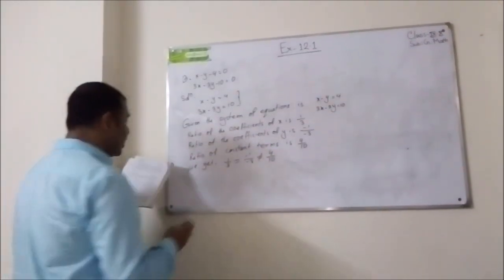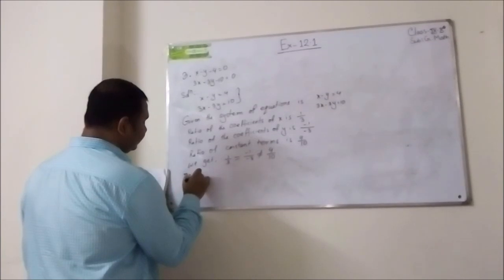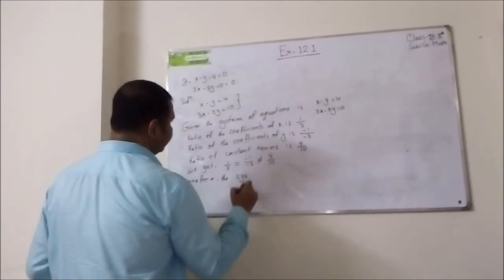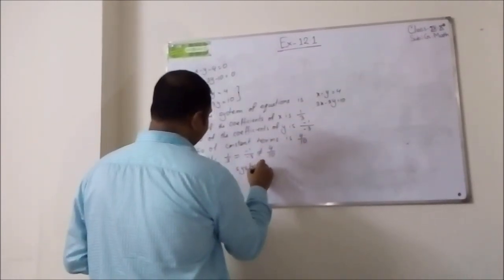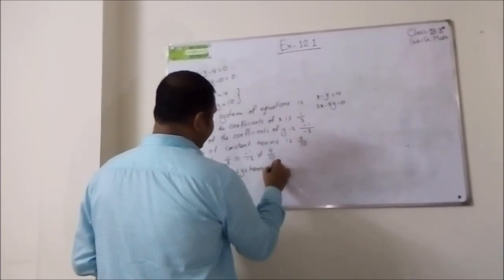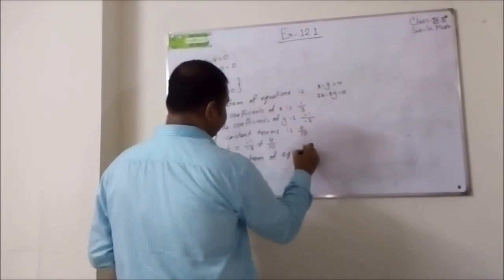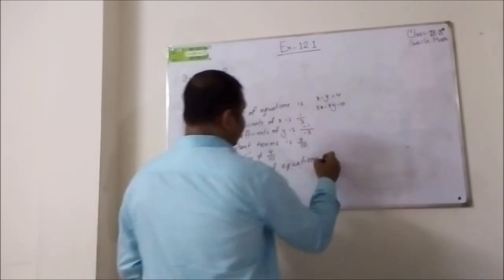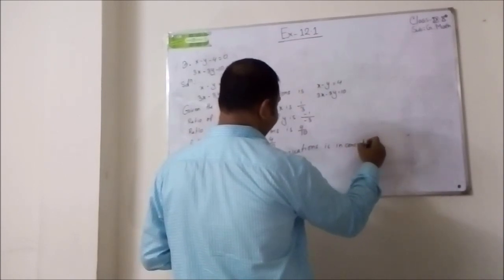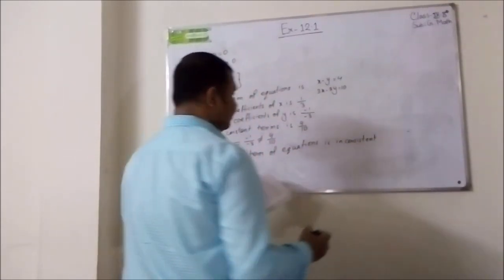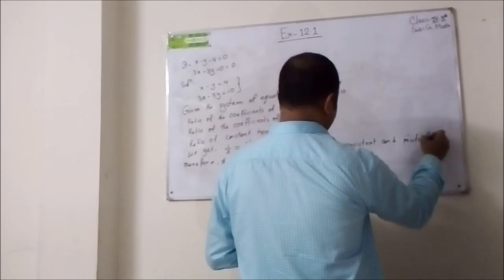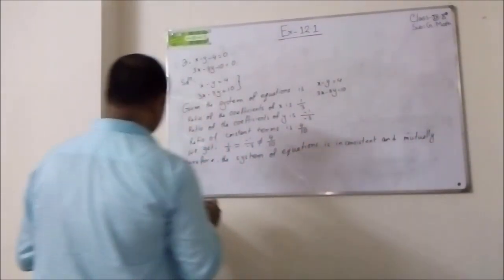So finally we write, therefore the system of equations is inconsistent and mutually independent.